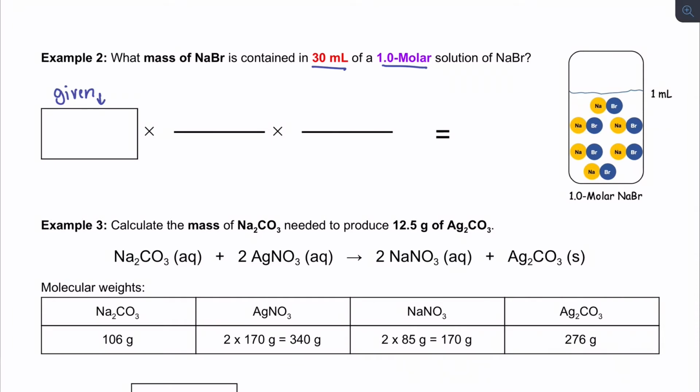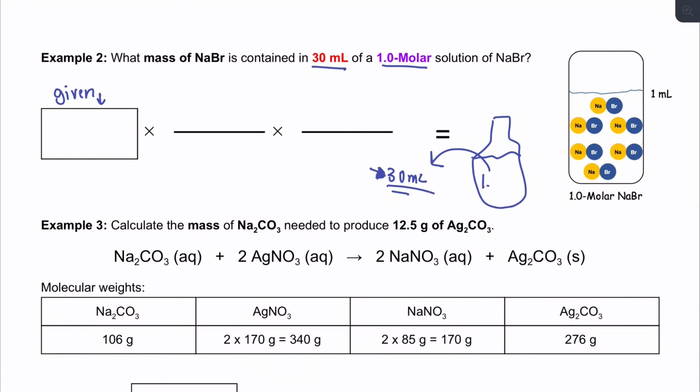The given number is usually one that is altered or changed by the person doing an experiment, or it's how much you measure. So if you had a 1 molar solution in a stock bottle and you took out 30 milliliters, the 30 milliliters is the number that you are changing. It's the factor that you have control over.